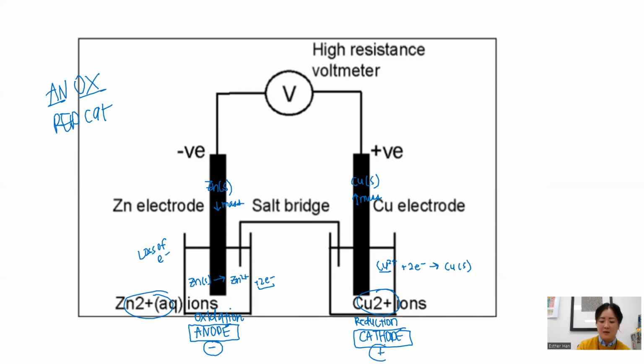We would call this the positive end of our battery. So when you look at your Duracell batteries and you remember there's a positive end and a negative end, it's really describing what chemical reaction is actually happening on that end of the battery. You have reduction happening at your positive end, and oxidation occurring at your negative end. So that's why you see the negative and positive signs over here.